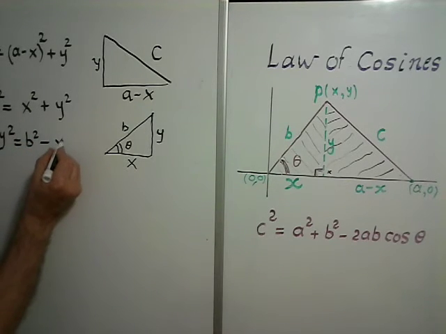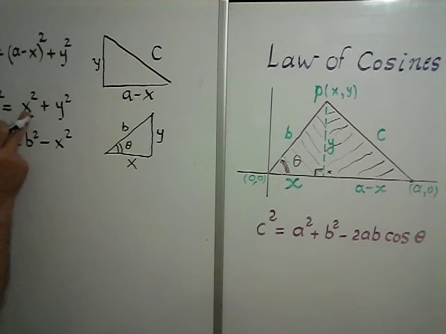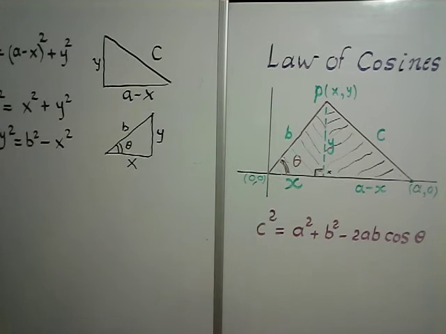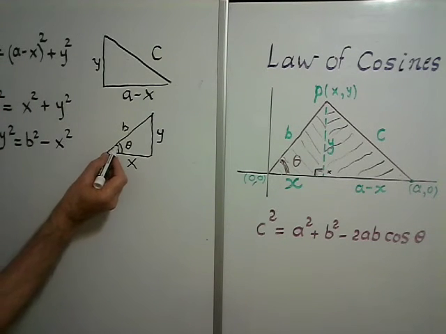This I got by moving x squared to the other side, so it became negative. So we will make substitute about y squared, and still we need to make substitute here about the terms x. To make substitute about x, from here you can speak about the cosine theta.